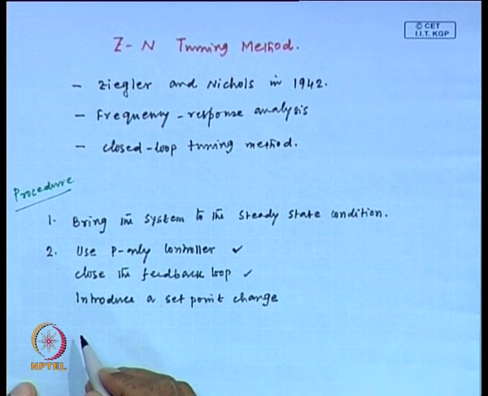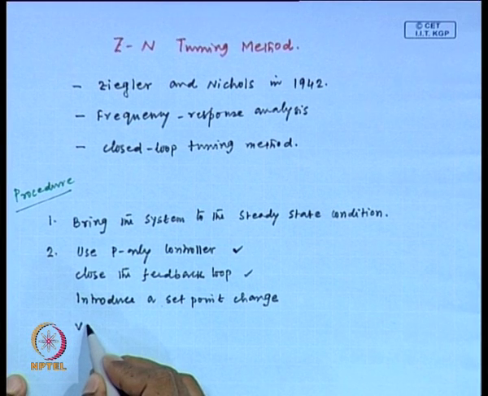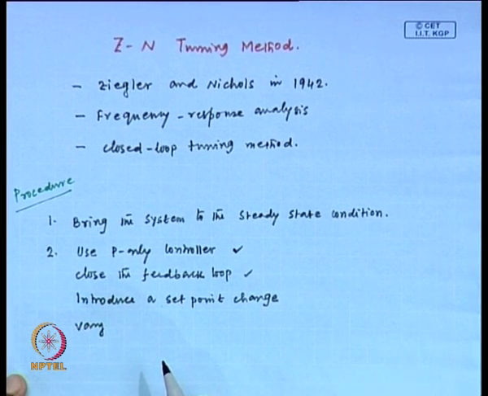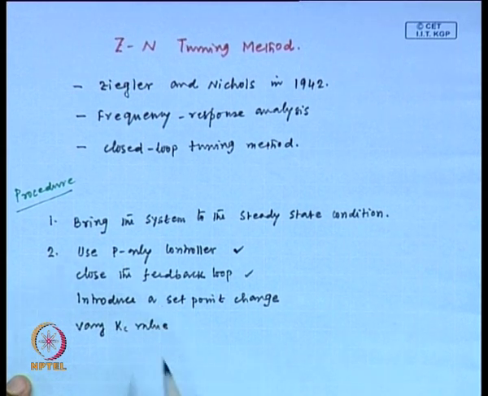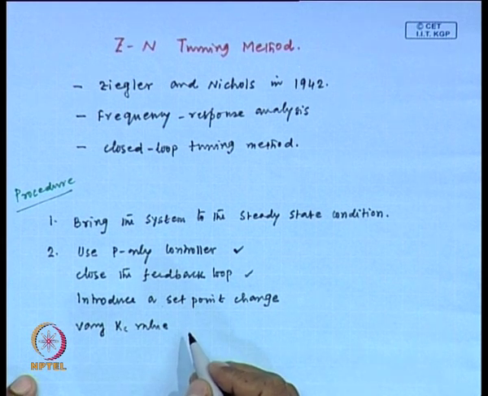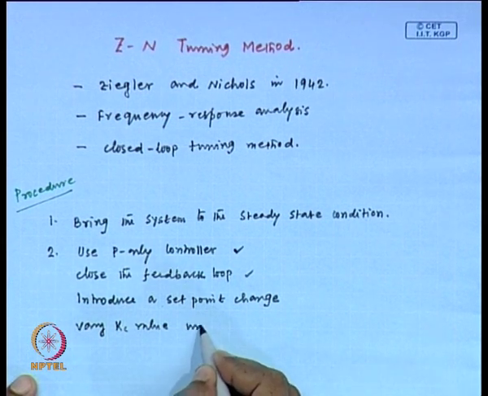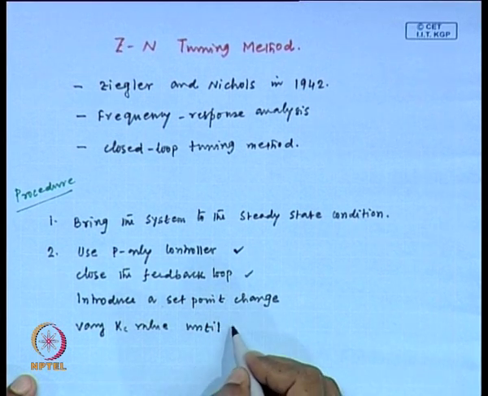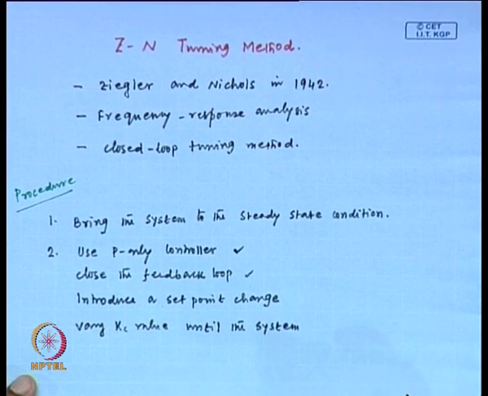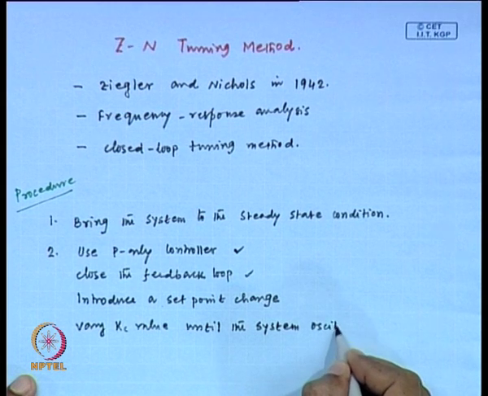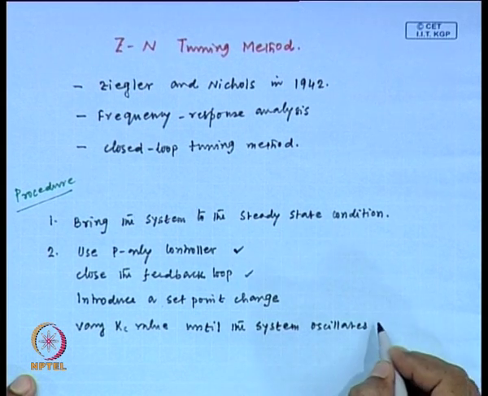Then we can tune the controller. I mean, we will vary the Kc value so that we can obtain sustained oscillation. So, next keep on varying the Kc value, which is the proportional gain, until the system oscillates with constant amplitude.